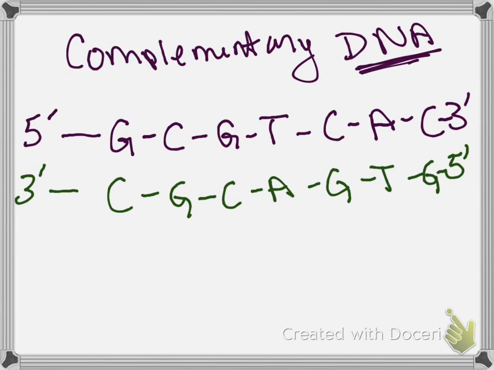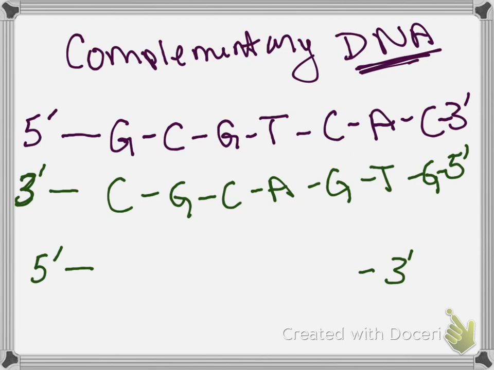Some of you see this sequence, C, G, C, A, G, T, G, in the answers. But in the answers, they were all written in the 5' to 3' direction. So this cannot be the sequence, because this is 3' to 5'.